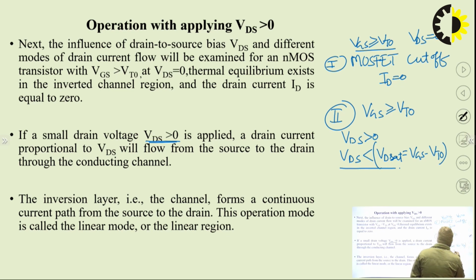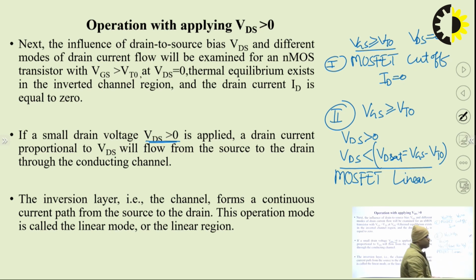So if VDS is less than VGS minus VT, then the MOSFET will operate in the linear region. Linear region operation means current varies linearly with the applied VDS. So this is the linear mode operation of the MOSFET.